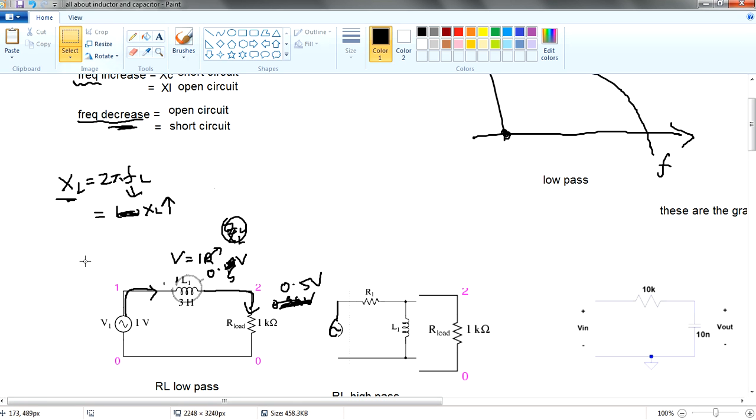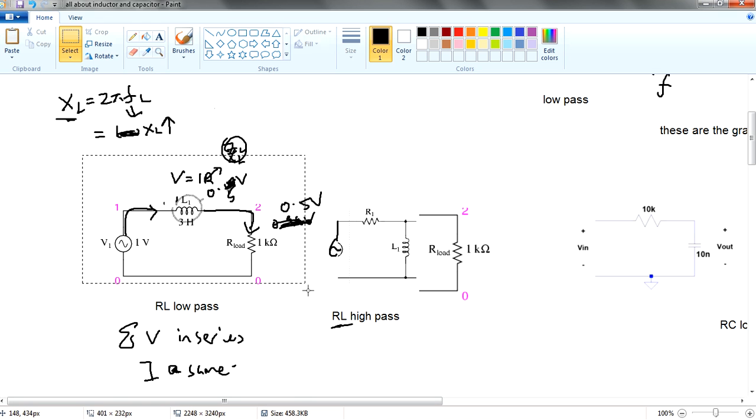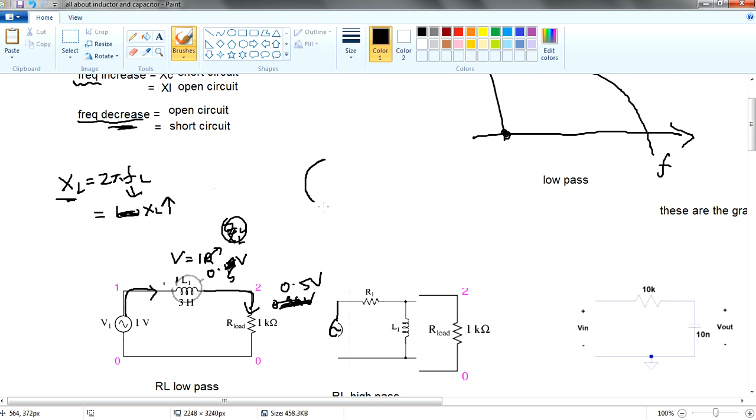This is only one part of your overall filter. If you were to connect a whole lot of filters, you would have different types of things already. So this is just a very small concept of an RL low pass. Meaning, you have a set of signals, maybe V1, and this V1 will be connected to a whole lot of filters.